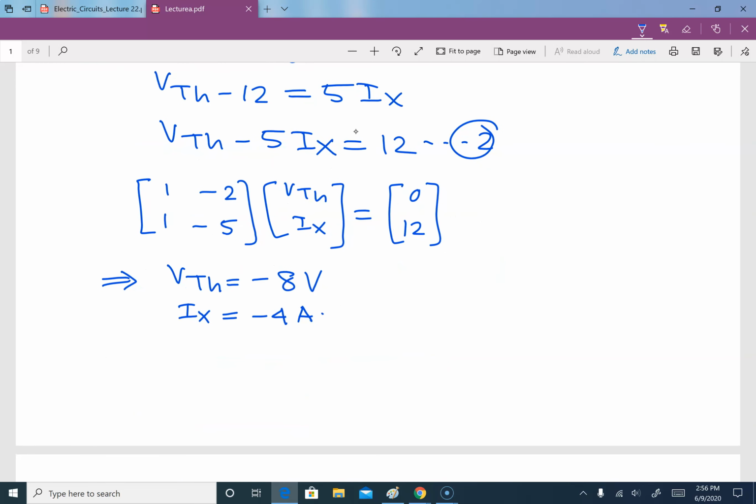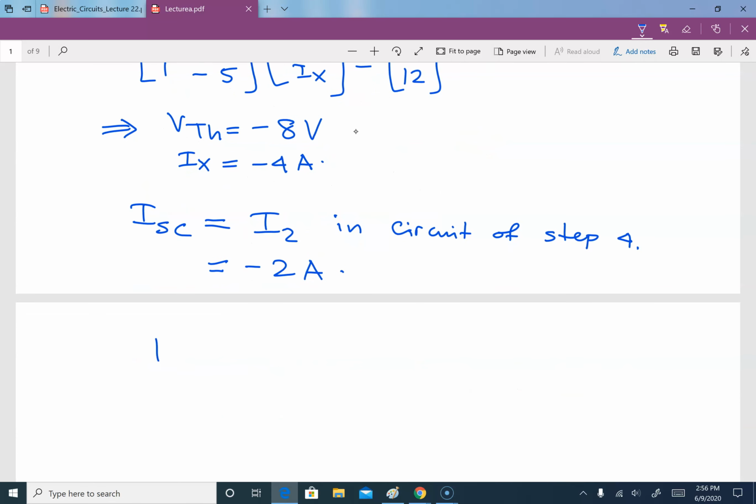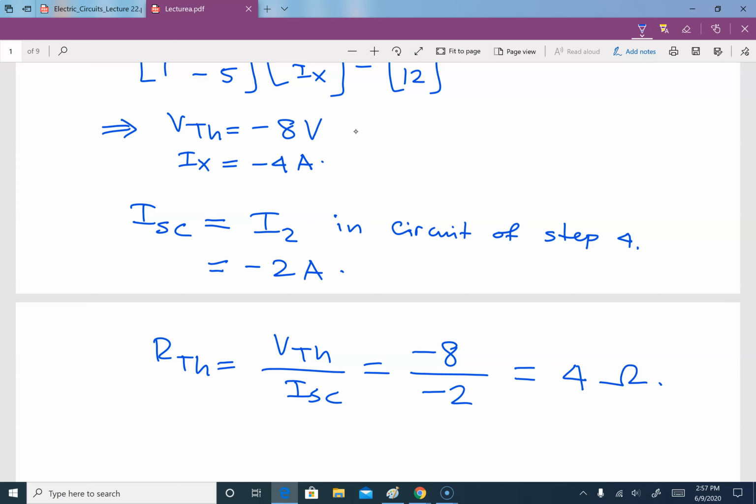So our I short circuit is the same as our I2 in the circuit of step 4, and that is equal to negative 2 ampere. So now our R-Thevenin is equal to V-Thevenin over I short circuit, and V-Thevenin is negative 8, I short circuit is negative 2, and that will be 4 ohm.